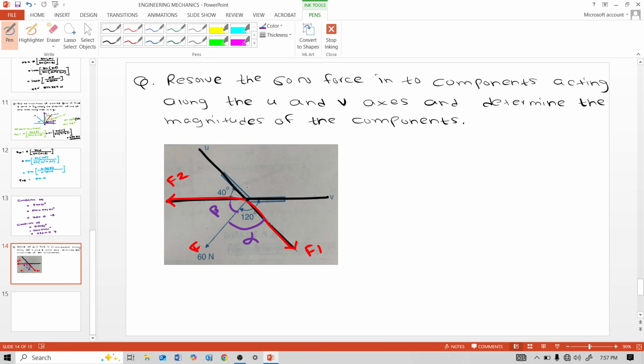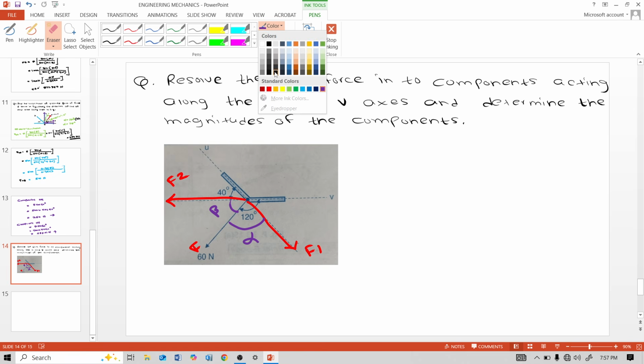If you see this diagram geometrically, you will understand this is 40 degree, so this will also be 40 degree.